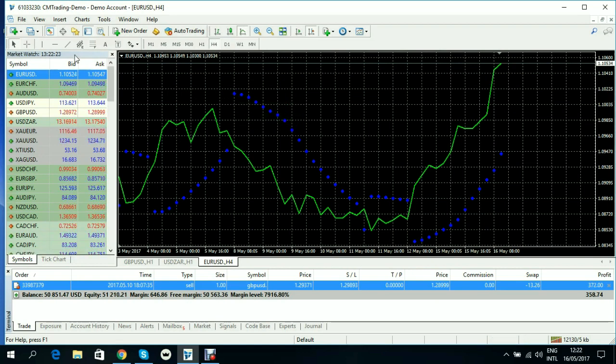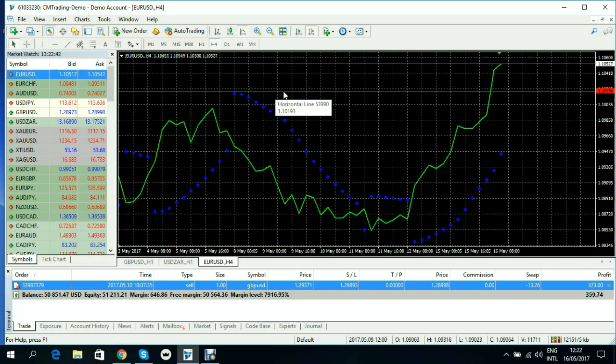Okay, let me demonstrate by drawing the horizontal line here, where this horizontal red line is. So you have to place your stop loss on this sell position at this price. You will see the price here.